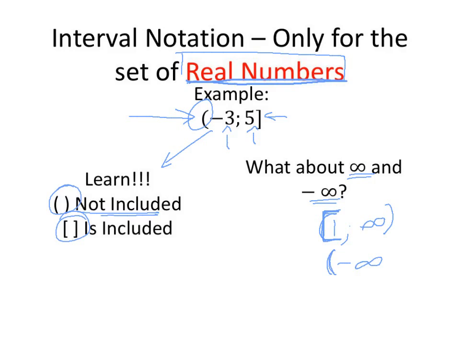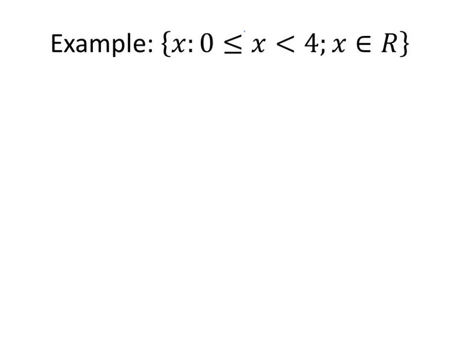Let's work through some examples. Here's an example of set builder notation. In this set builder notation, it says at the end, x is the element of real numbers. So we can write that easily using interval notation. It says x in the middle here is greater than or equal to 0, but less than 4. So it's already given me my two numbers, 0 and 4.